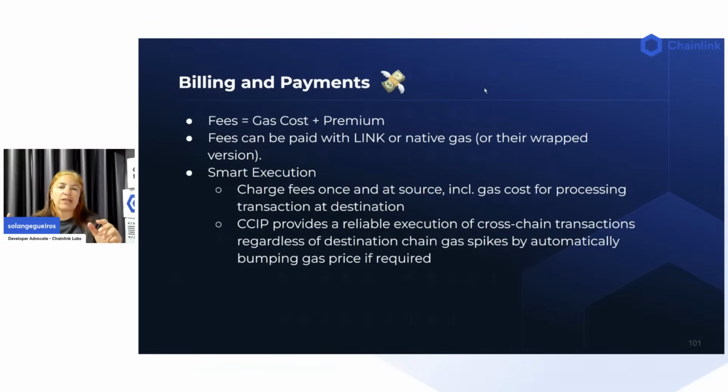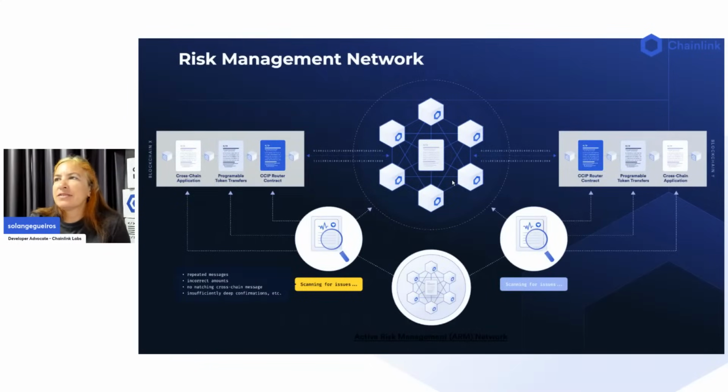The native token, for example, in Ethereum is ETH, in Avalanche is AVAX, something like that. And this is an overview of the fees. I will talk about the risk management network later because I have some slides more related to it. This is so important.